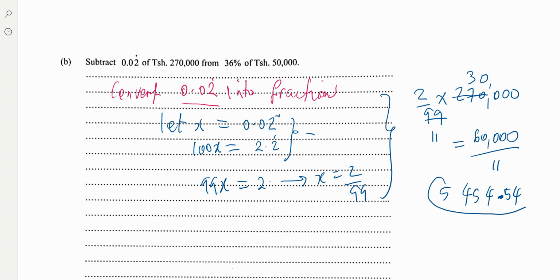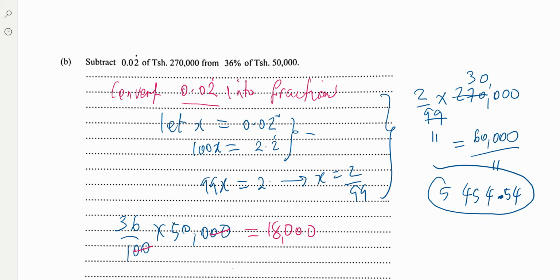So we're going to take this value, then consider 36% of 50,000 shilling. 2 zeros will be cancelled. You have 36 multiplied by 5. You have 180 with 2 more zeros, so 18,000.